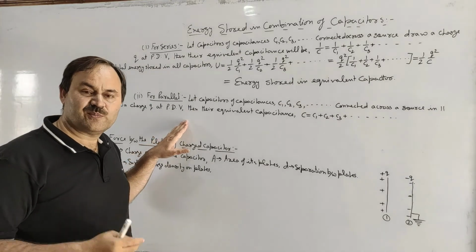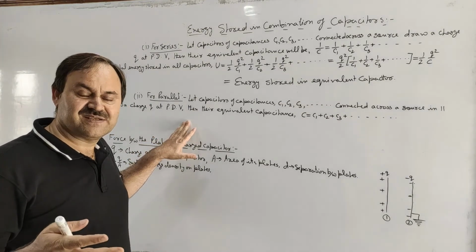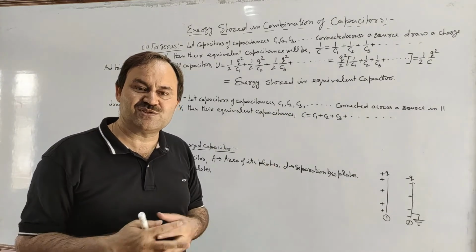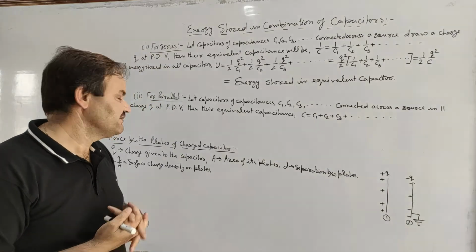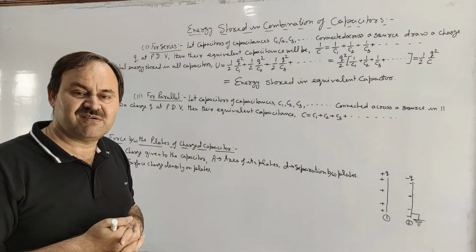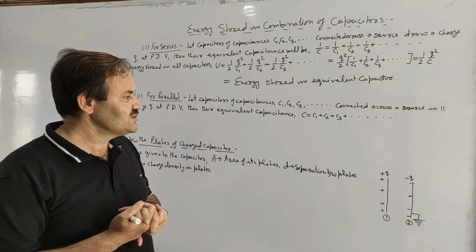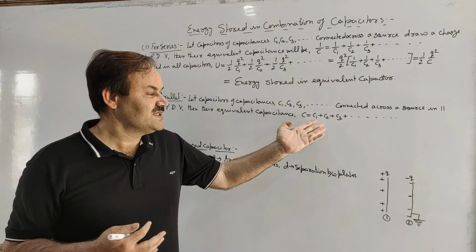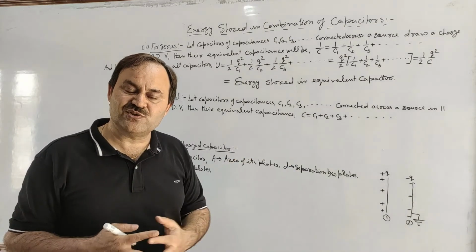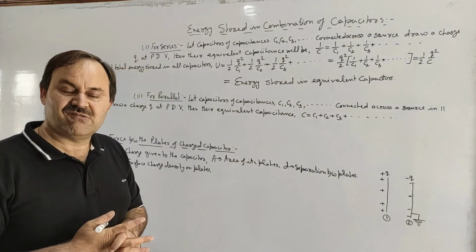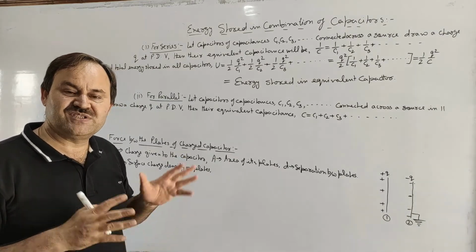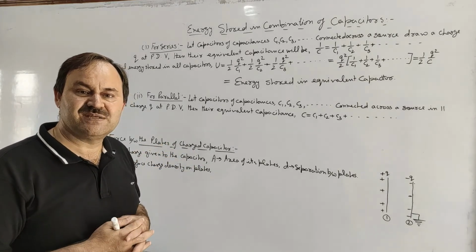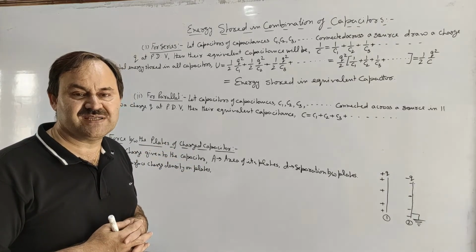Similarly, for parallel combination, if we are considering again that a number of capacitors are connected in parallel across a source of potential difference V, such that the combination draws a charge Q from the source, then equivalent capacitance will be given by the sum of capacitances of individual capacitors, while in this case potential difference across individual capacitors will be same as the potential difference across equivalent capacitor.